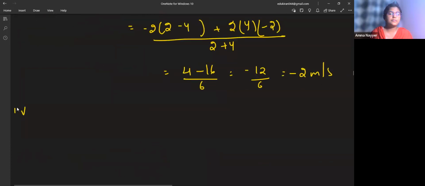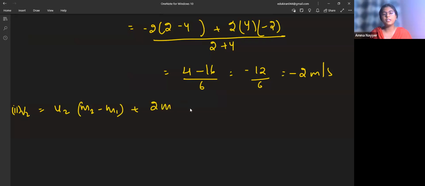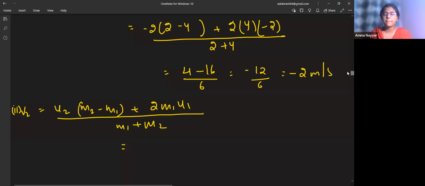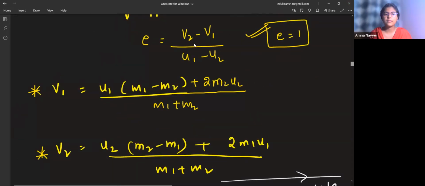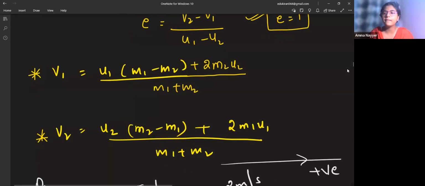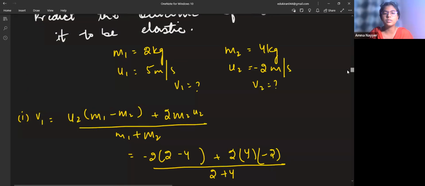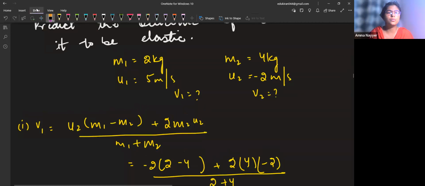So in the second part for V2, it would be (U2 (M2 minus M1) plus 2 M1 U1) divided by M1 plus M2. What is U2? U2 is minus 2. Here it was U1, I have written U2 here, so this would be U1.